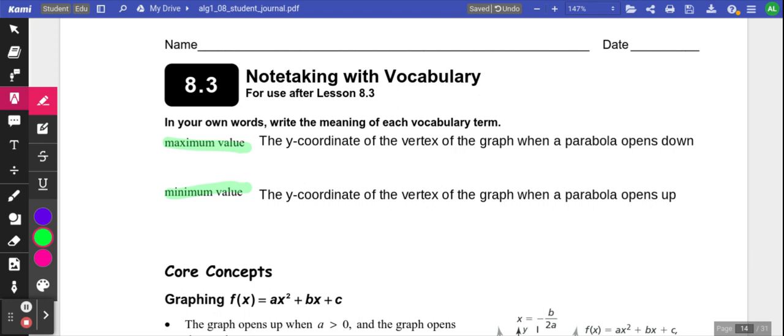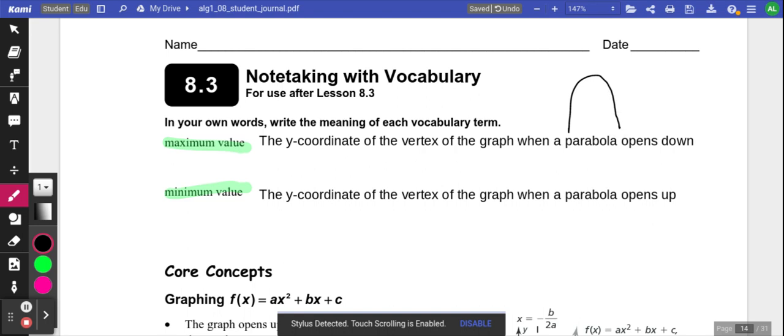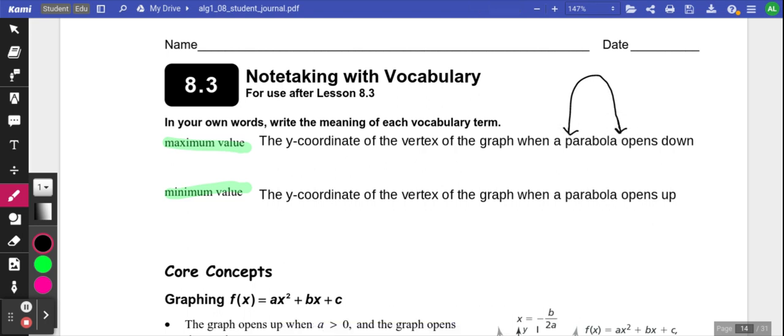A maximum value is the y-coordinate of the vertex of the graph when a parabola opens down, when it's this kind of upside down U shape. Let's say we had a vertex of 3, 7.